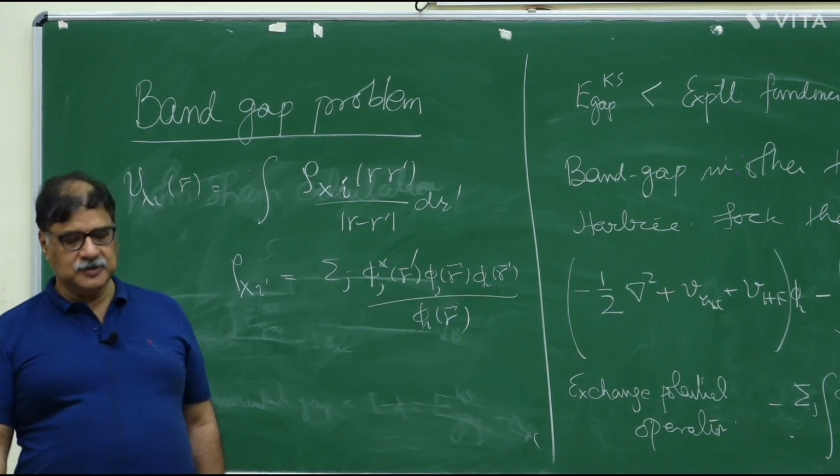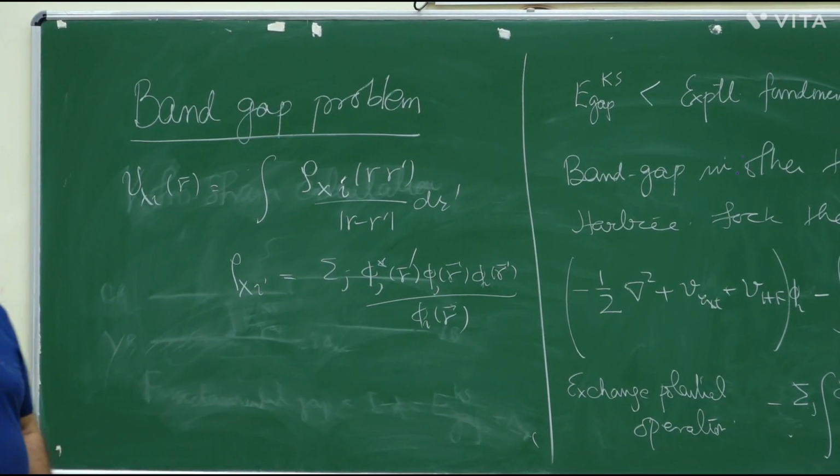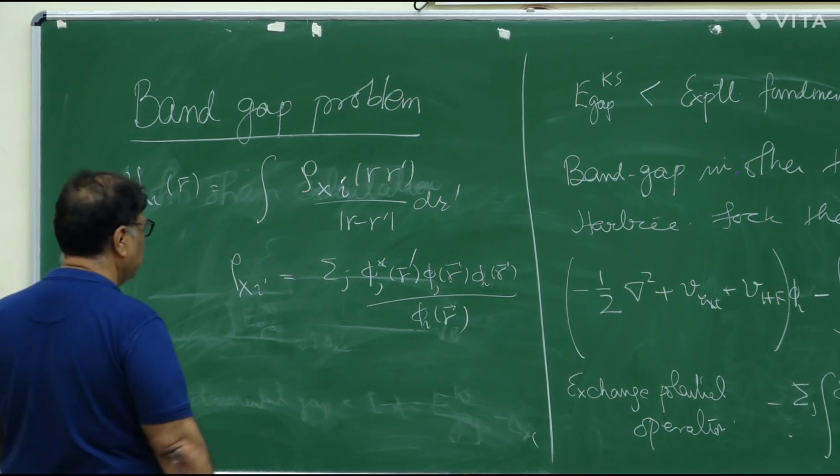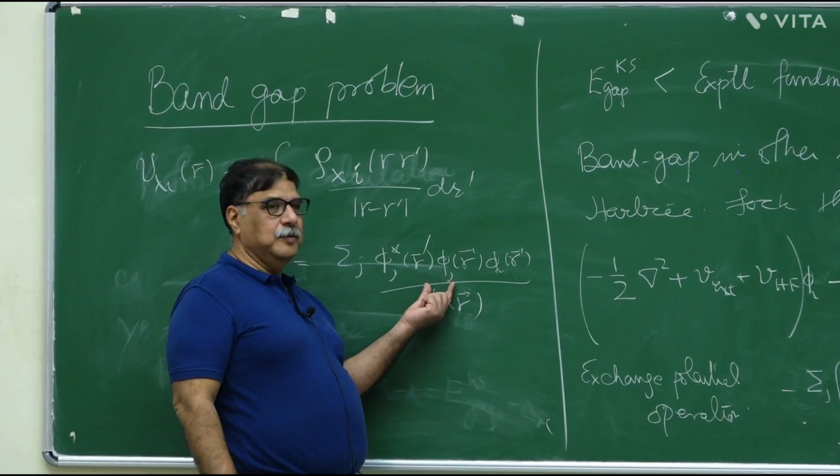This is like the charge density of the system, i dependent. Each electron has its own hole. But again, it's not a well-defined hole because wherever there is a node, it will go up.